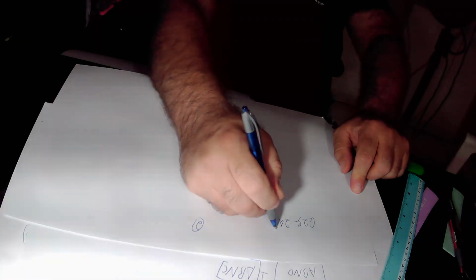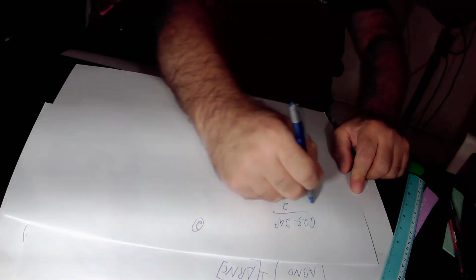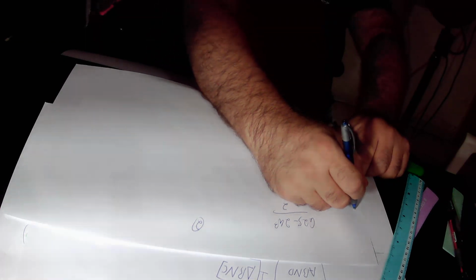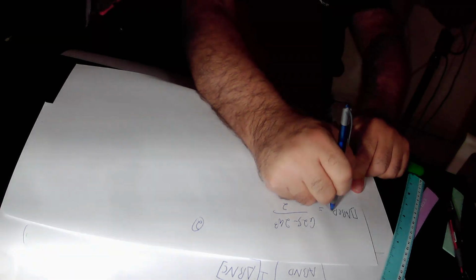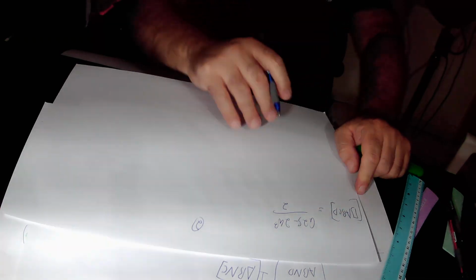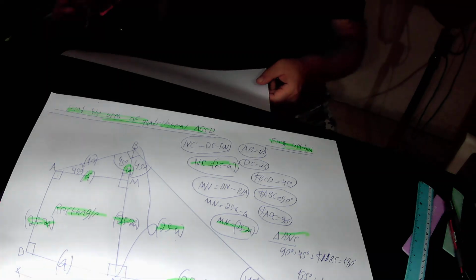This is the area of quadrilateral ABCD. Repeat again, the area of this big quadrilateral ABCD in total equals 625 minus 2A squared over 2.